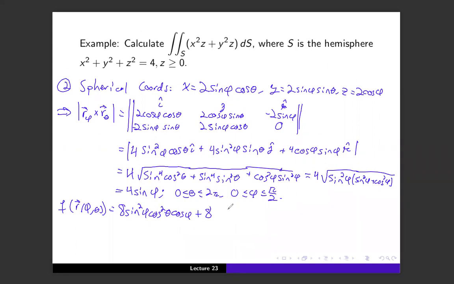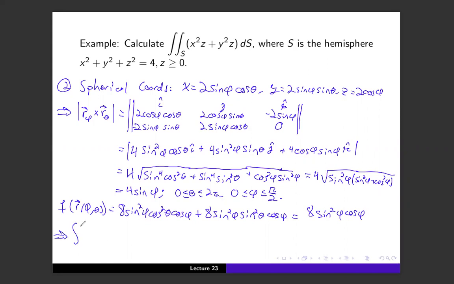Plus 8 sine squared phi sine squared theta cosine phi. Or in other words, 8 sine squared phi cosine phi. There we go. That's better.